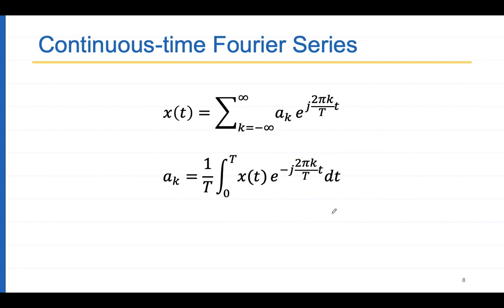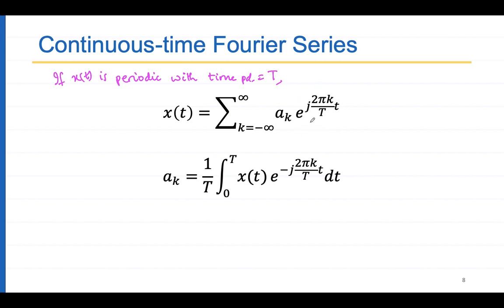So this gives rise to a concept called the continuous time Fourier series. If x(t) is periodic with time period equal to capital T, then I can decompose x(t) in terms of different sinusoids.